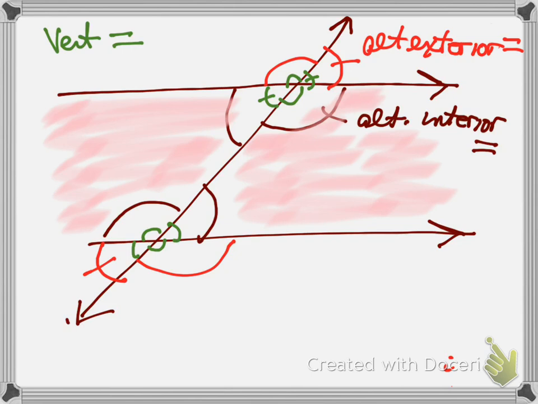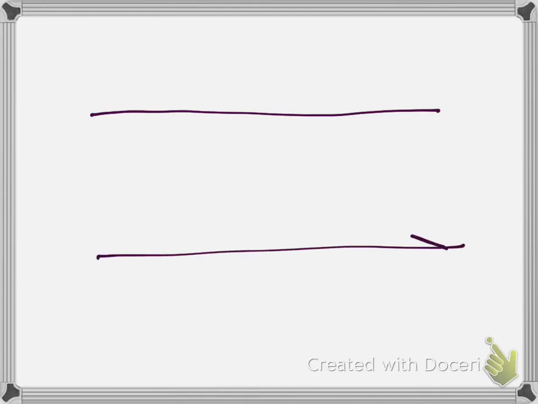Then you have a whole other setup that involves corresponding angles. I'm going to go to the next page to do that. So once again, let's do our lines. Here are our parallel lines. I indicate parallel by these marks. Here's your transversal.